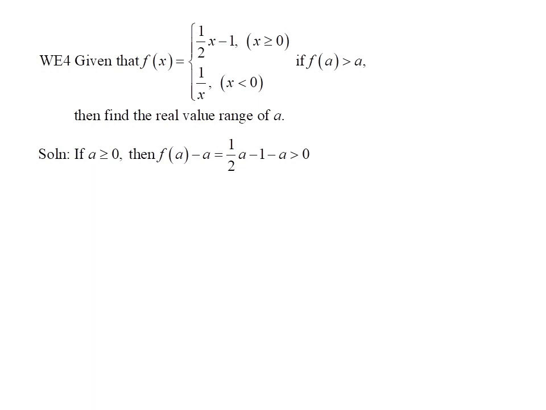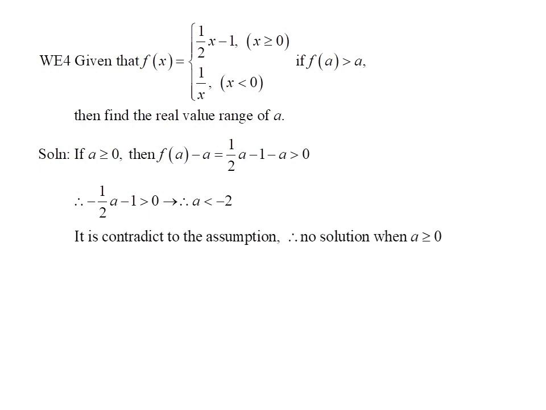Now, when a is greater than or equal to 0, f(a) minus a equals negative half a minus 1, which is greater than 0. Hence, we solve the inequality and find that a is less than negative 2, which contradicts the assumption that a is greater than or equal to 0. So there's no solution when a is greater than or equal to 0.